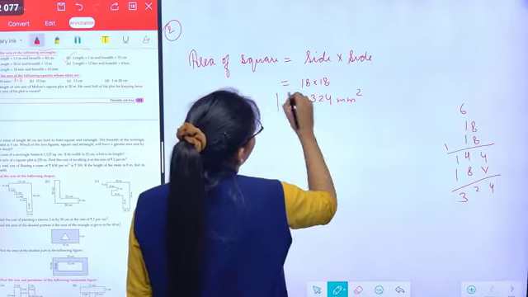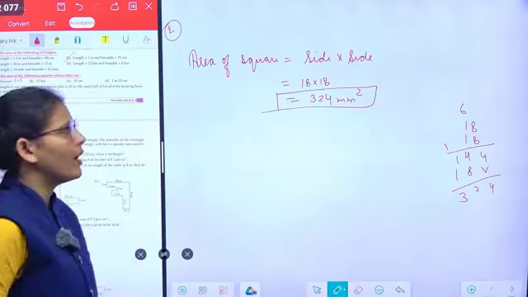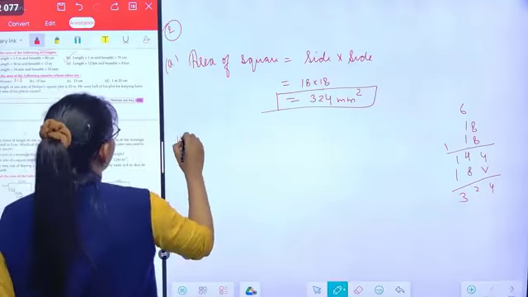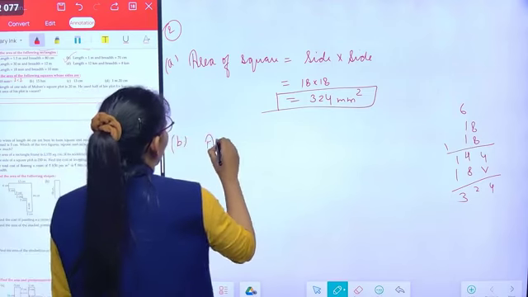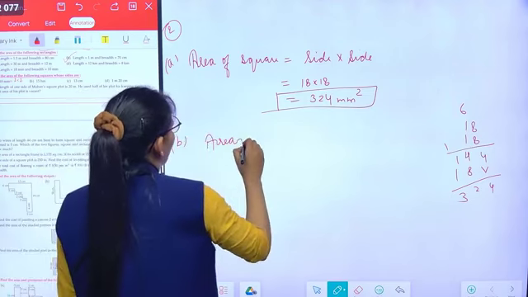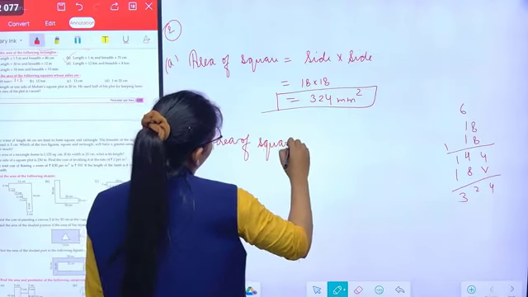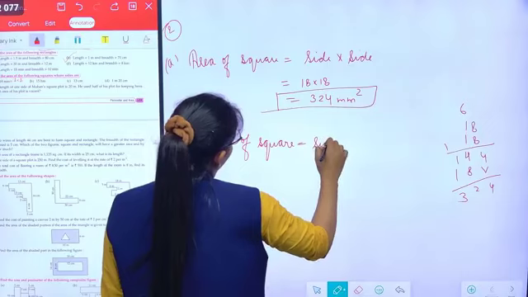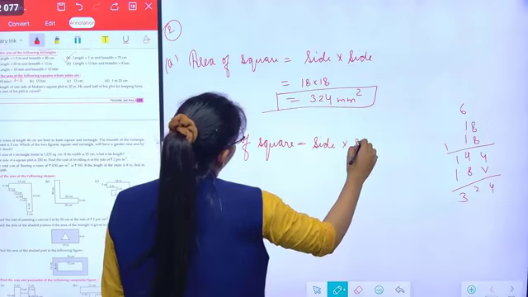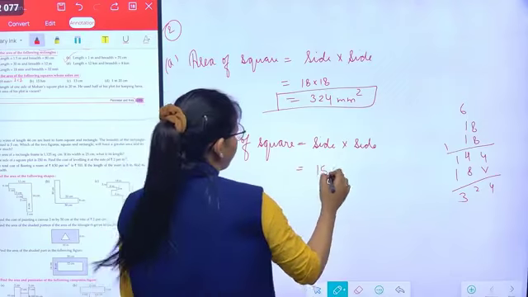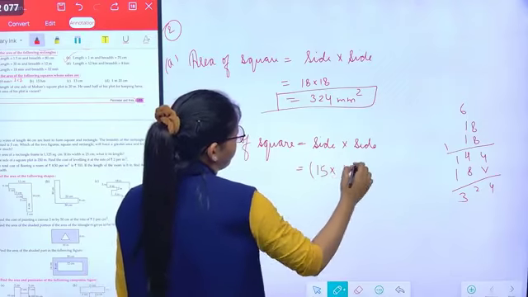Now class, it is 324 centimeter square. Understand class? Now class, see the B part. Now area of square is side into side, that is 15 multiplied by 15.